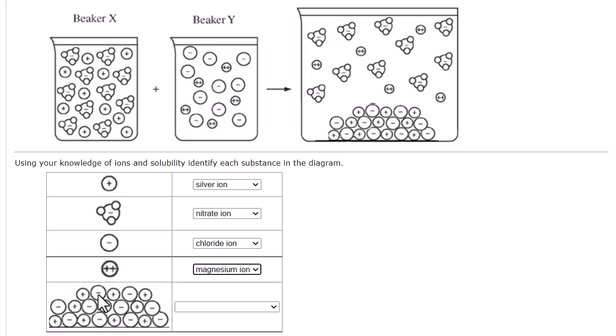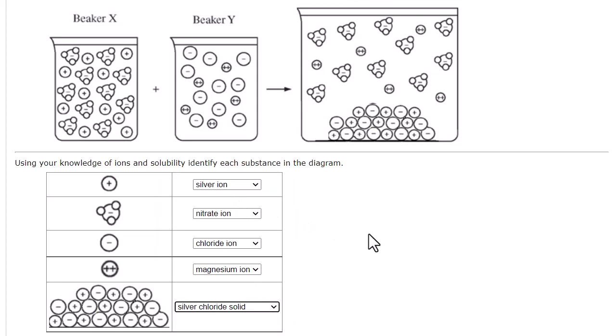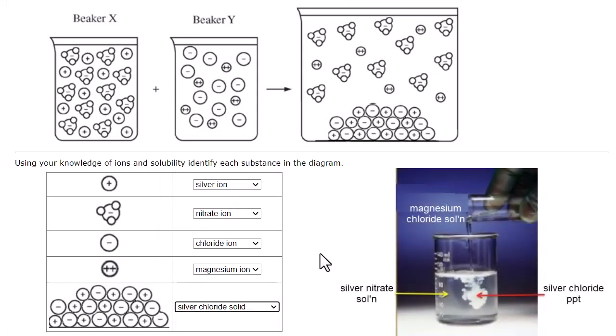Now what do we have here? We've got a +1 and a -1. We've identified them. That's going to be silver and chloride. That's an easy one. Well, once you figure all this out, it is, but this is a solid. And it's the silver. Sodium could never be it, and we've already identified the silver being there. So this is the only choice that's going to make any sense at all. And it's a notorious solid.